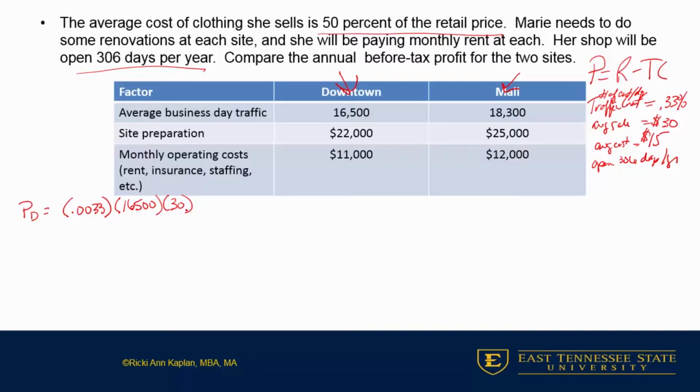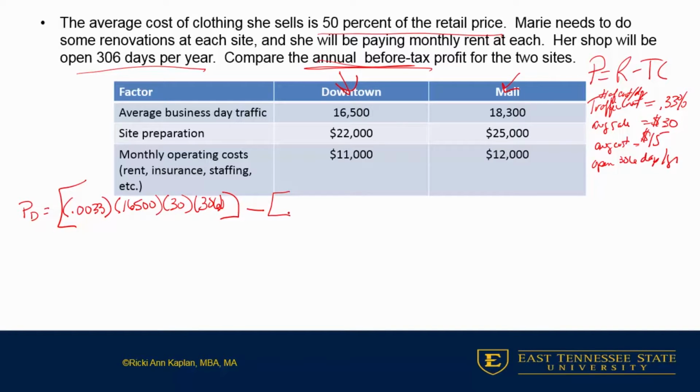I want to do an annual before tax profit here. So I want to do 306 days of this. This is my revenue. I want to subtract from that my cost. I have variable cost and fixed cost. My variable cost is going to be the cost of the merchandise that I have.